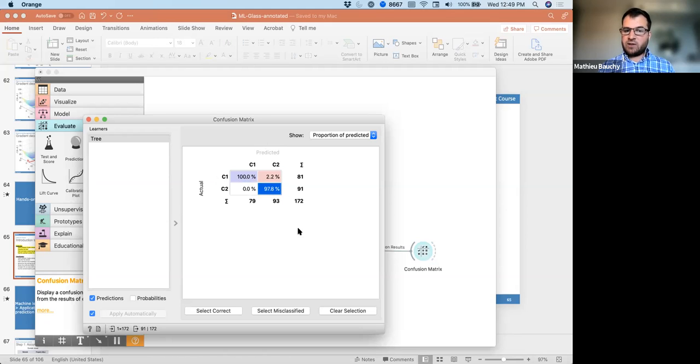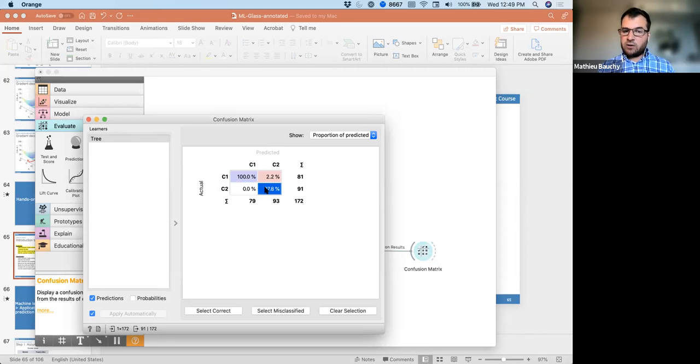For example, what this shows is that sometimes the model predicts some points to be of the color C1, although the color should be C2. So sometimes the model thinks that a data point should be red, but actually it was blue. So this is what the confusion matrix shows.